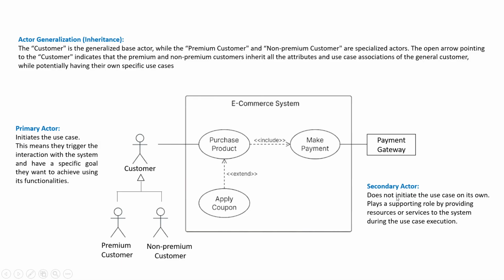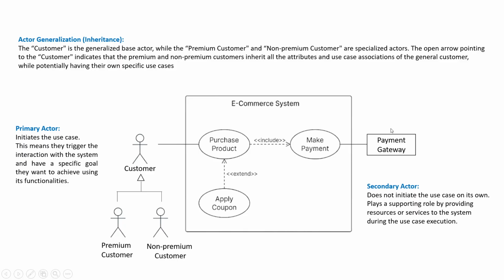A secondary actor does not initiate a use case on its own. It plays a supporting role by providing resources or services to the system during the use case execution. So, for example, our payment gateway is still an actor because it is outside our system boundary of the use case, but it is not a primary actor, and it's not represented with a stick figure.